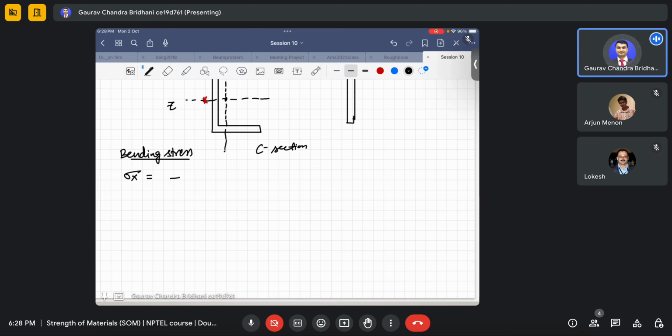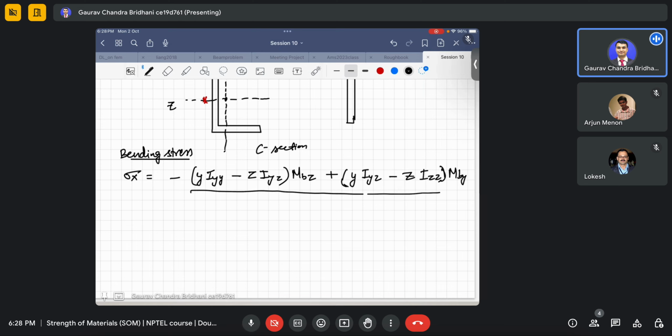So the formula says that it is minus of [y IYY minus z IYZ] into, I have taken this from the lecture itself, plus [y IYZ minus z IZZ] into MBY, divided by IZZ IYY minus IYZ whole square.